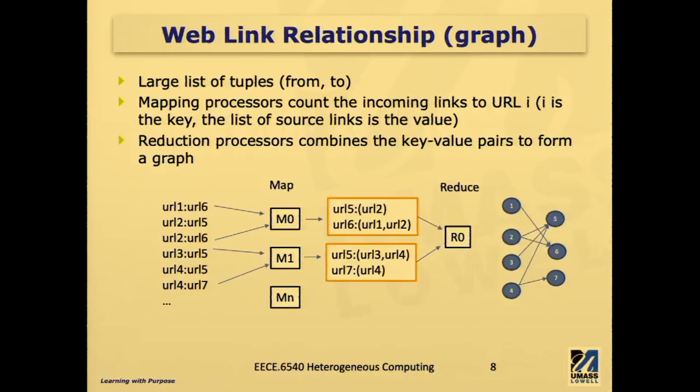And in the reduction stage, we can group them. In this case, we can choose to send the key value pairs where the key is URL 5 to R0. You could have another processor that handles URL 6. But in this case, I decided to send all of them to R0.